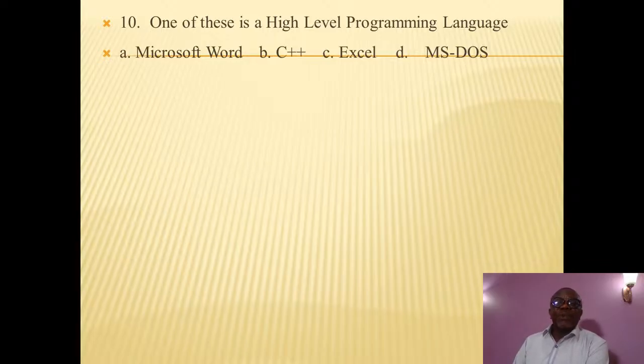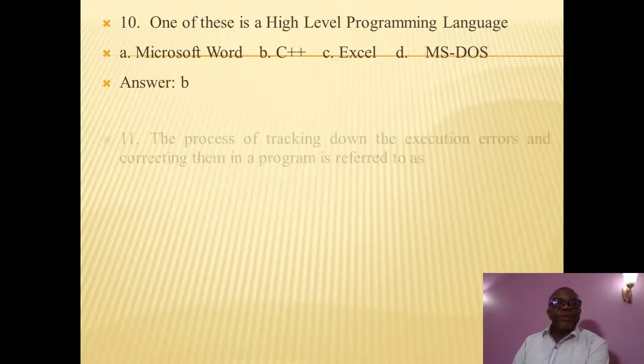Is C++ a high-level programming language? The answer is B. Excel is an application software, and MS-DOS is an operating system, even though no longer in use. So say our answer is B, C++.